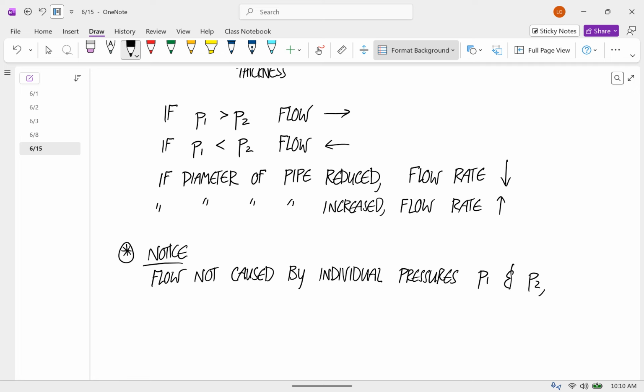It's caused by the pressure difference, and you can think of that as P1 minus P2 or P2 minus P1. All that would do is change the sign of the difference that you get.